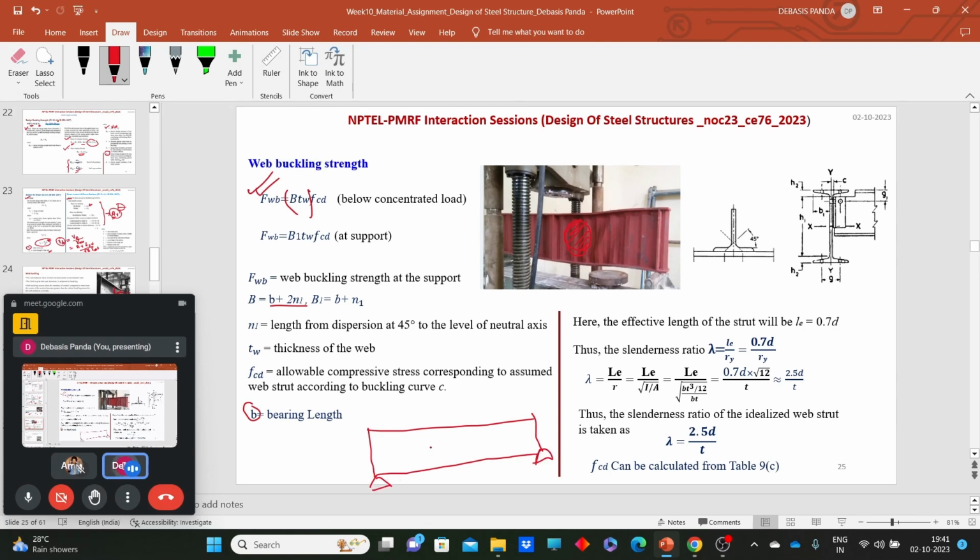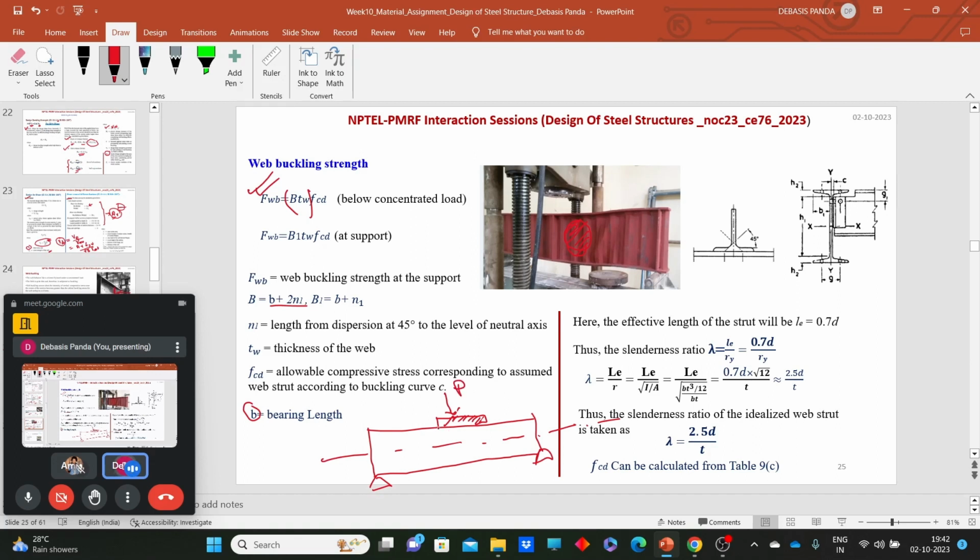Now if I say this is my beam and this is the neutral axis. Now if a concentrated load is applied on it, some bearing should be provided here. That means we are not directly applying the load on that area, to avoid stress concentration at that particular point. Now if we apply the load here, what will happen?